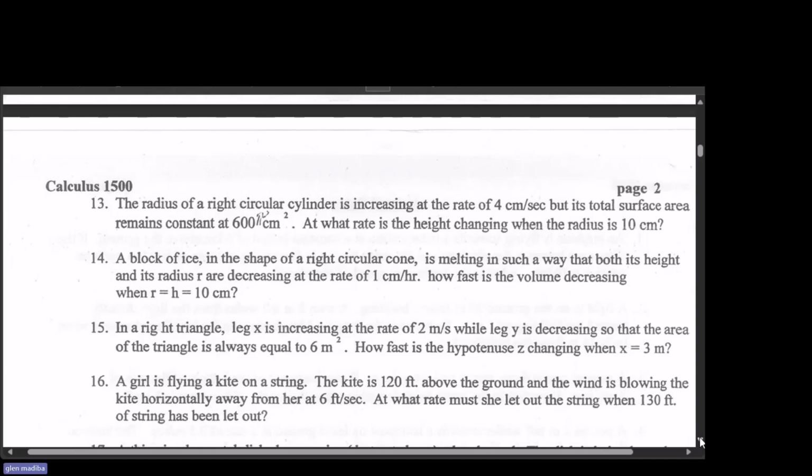And the wind is blowing the kite horizontally away from her at 6 feet a second. At what rate must she let out the string when 130 feet of string has been let out?